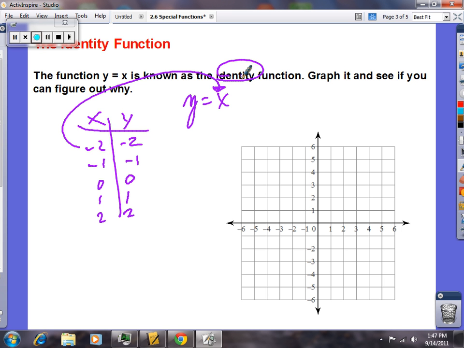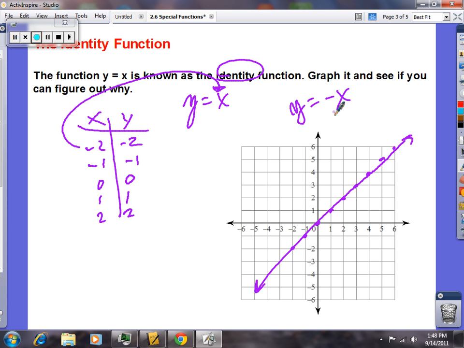So graph it. If you graph it, it's going to be left 2, down 2. It's going to be just like this, Shaw. You're going to have a dot over 1, up 1 every time, right? Draw a line through all your dots. That's the identity function. Let me ask you this. If that's y equals x, Joel, what is y equals -x?